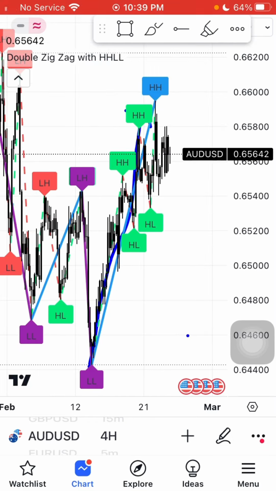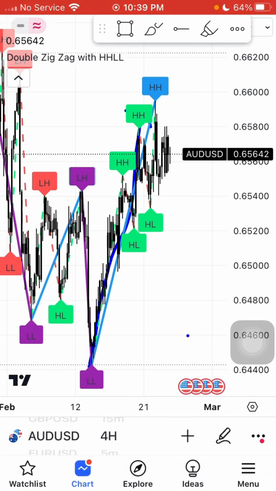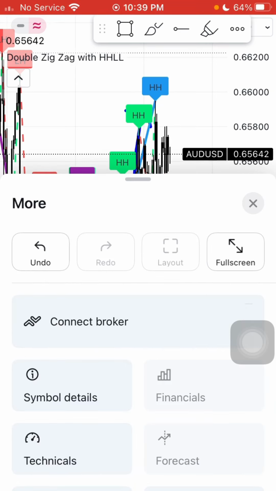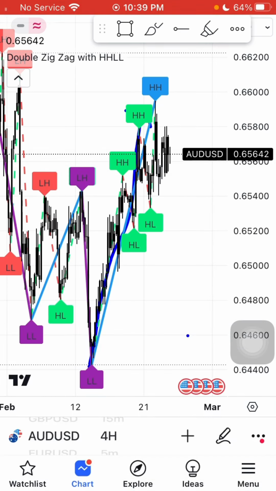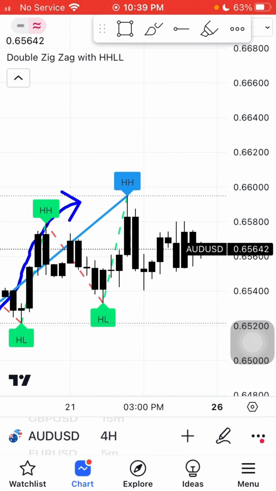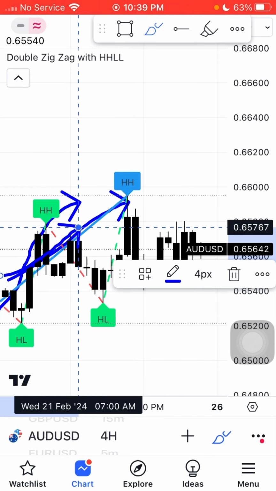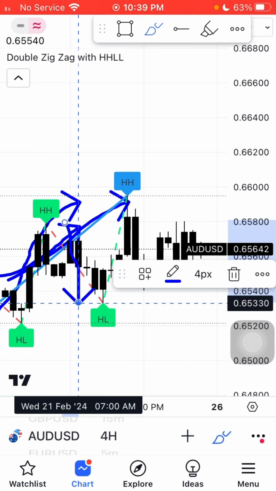Okay, guys, so we have a higher high right here, and then what do we now have here? We now had a lower high. Remember, this is the higher high, and then this is a lower high right here.